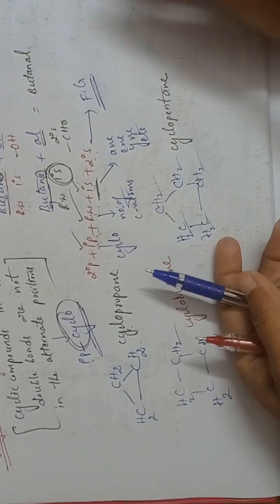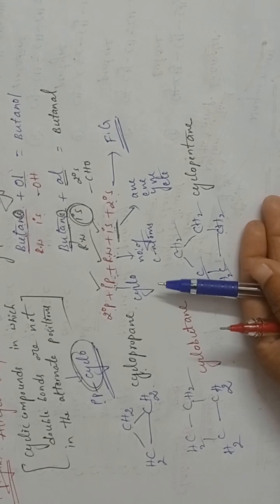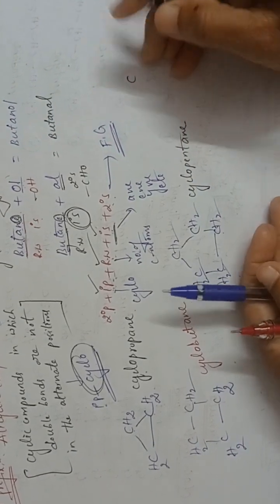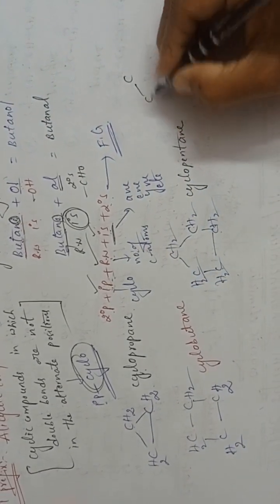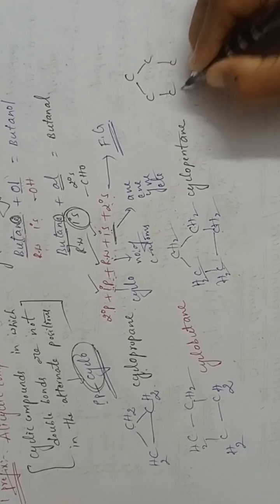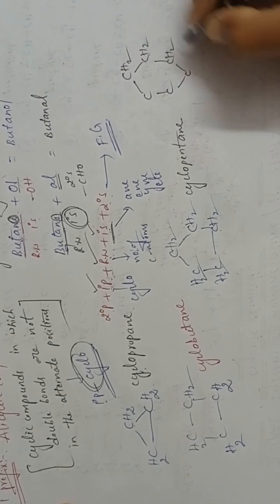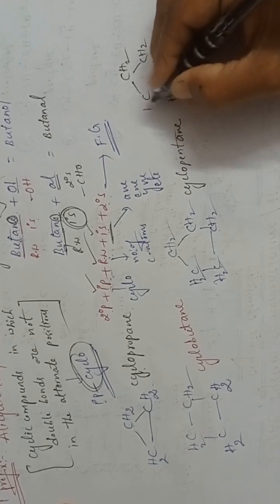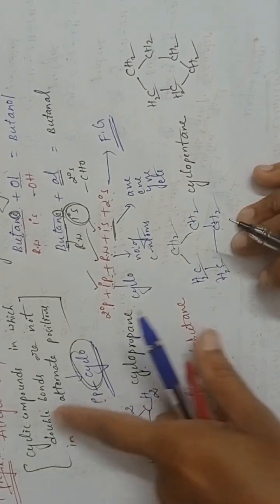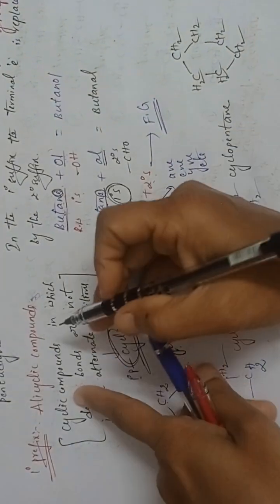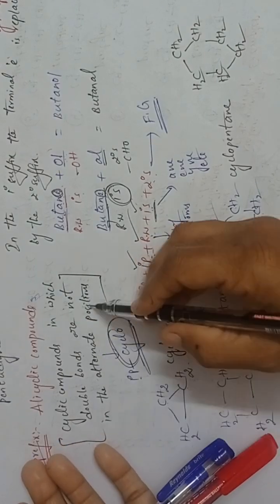Now take another example, students, with 6 carbon atoms. 1, 2, 3, 4, 5, 6, each with CH2. Clear? See here, definition understood, students. Cyclic compounds in which double bonds are not in the alternate positions.